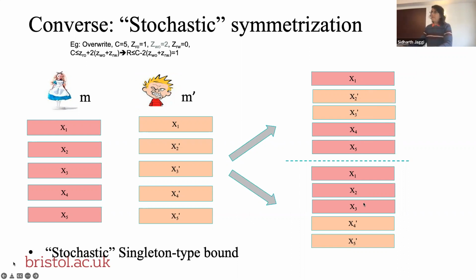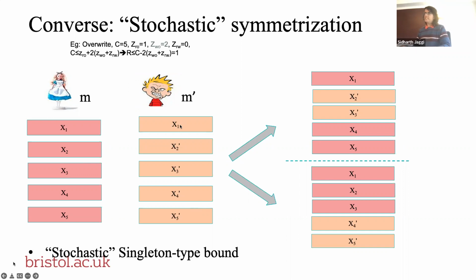And the point is, on observing either of these, for example, suppose Bob is observing x1, x2, x3, and then x4 prime, x5 prime. Bob cannot distinguish between the scenario that Alice had this message and had these 3 pieces of information, x1, x2, x3, and then Calvin replaced x4, x5 prime, or that Alice indeed had M prime.